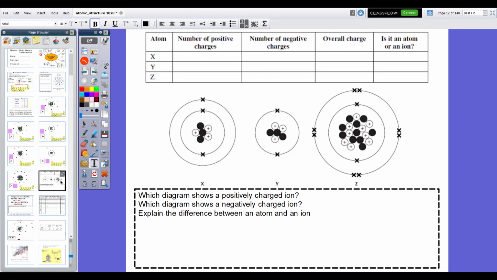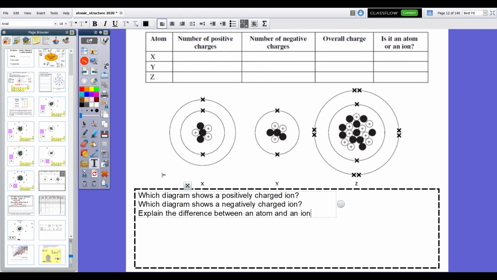You can have a go at doing this little task now. So, complete here for number of positive charges, number of negative charges, overall charge, and whether it's an atom or not. To do this section down here, which ion shows a positively charged ion?